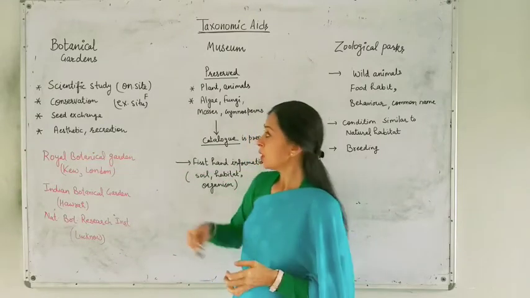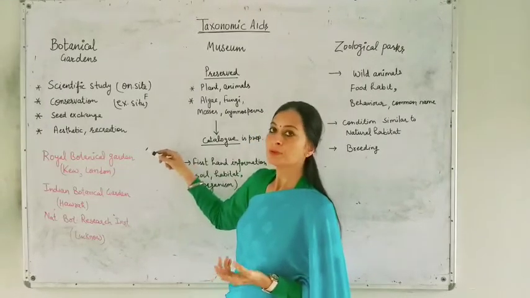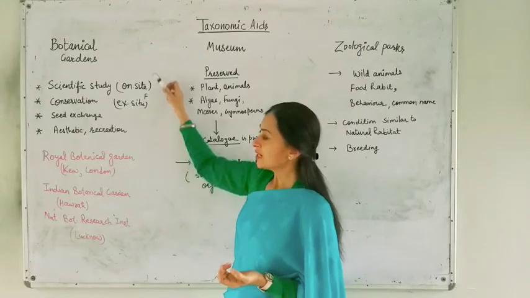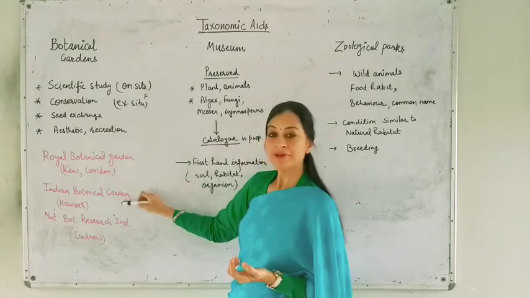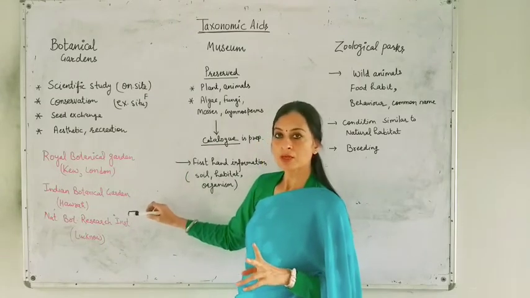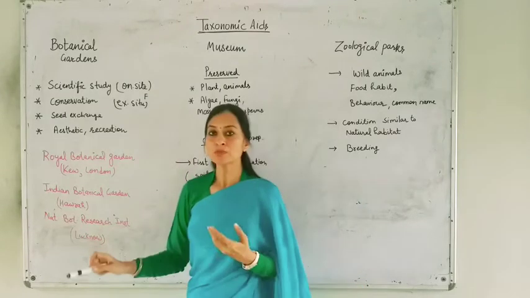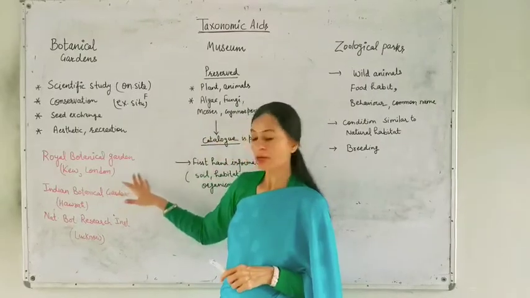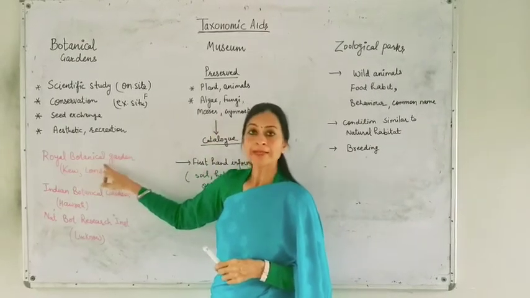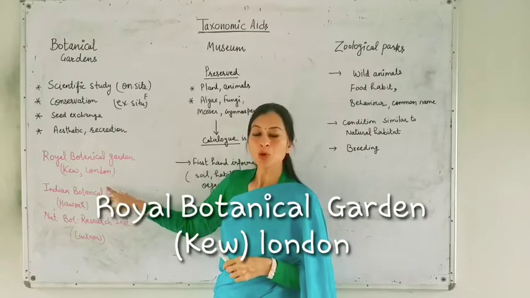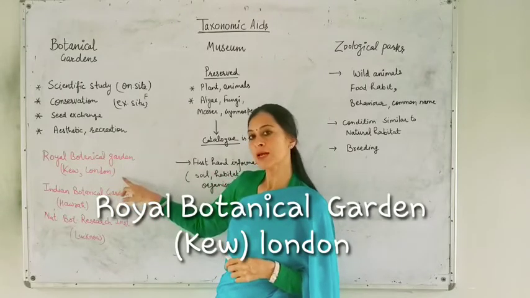So these are a few of the benefits linked with the botanical gardens, and here I have written three examples of botanical gardens. There are a number of botanical gardens, but here I am going to quote only three. The Royal Botanical Garden, which is at Kew, London, England.